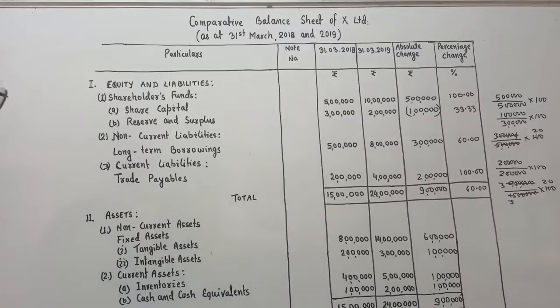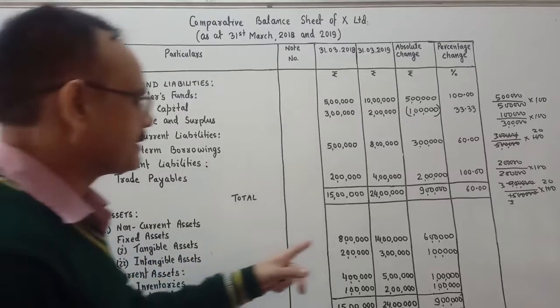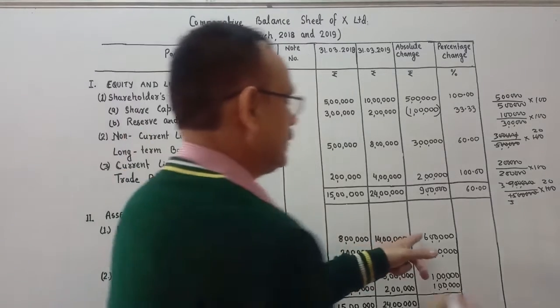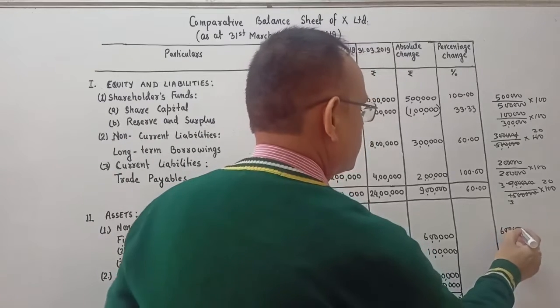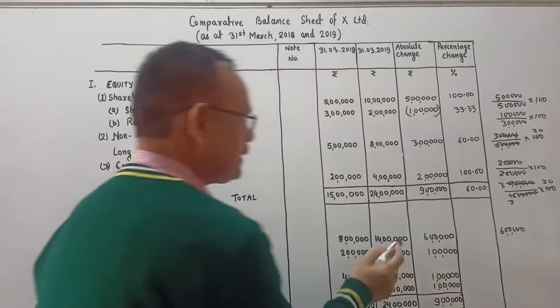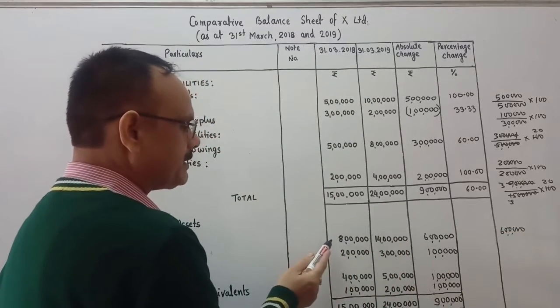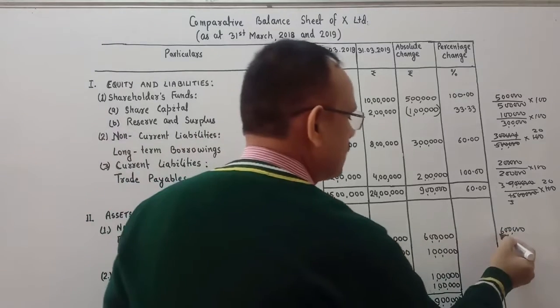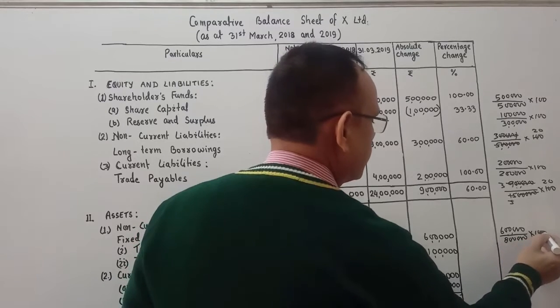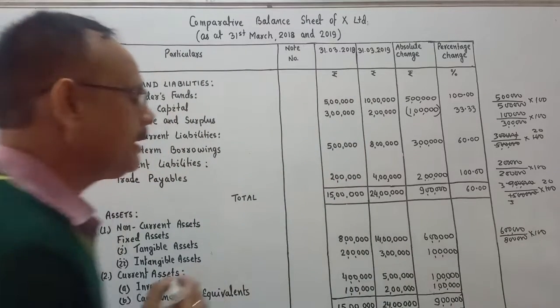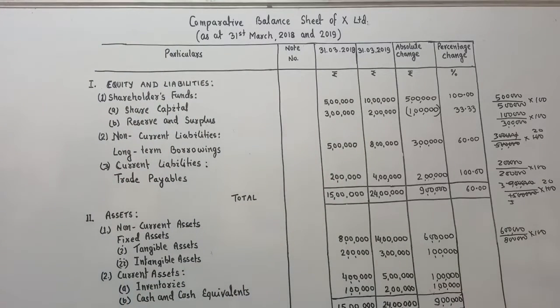Okay. Now come to this side, tangible assets. Absolute change is 6 lakhs and previous year figure is 8 lakhs. So this will be 6 lakhs upon 8 lakhs into 100.